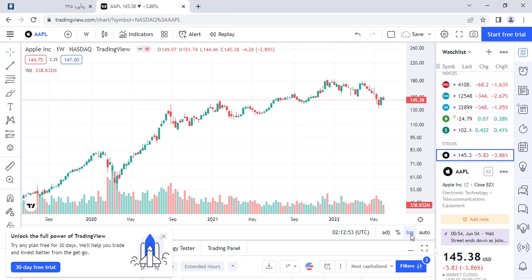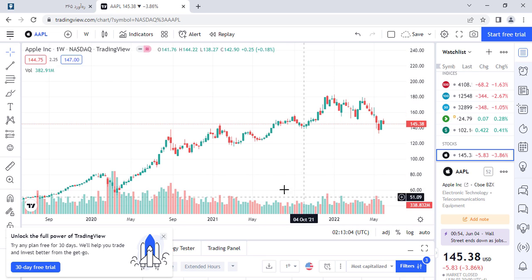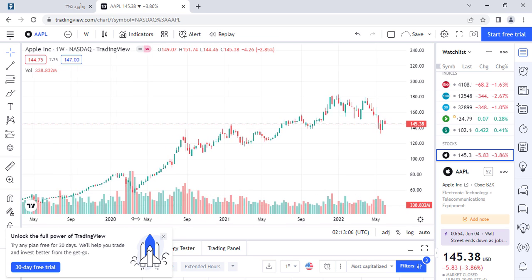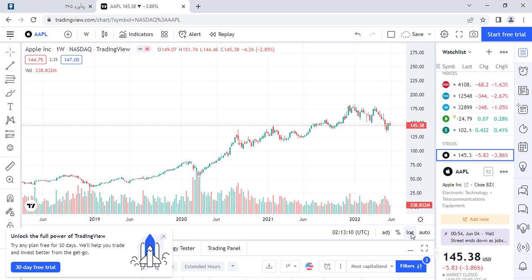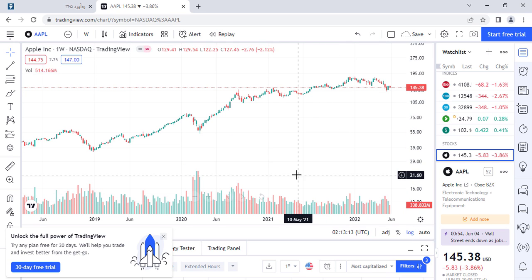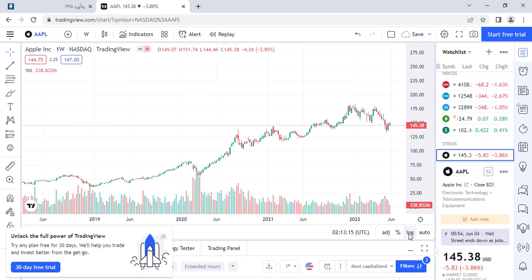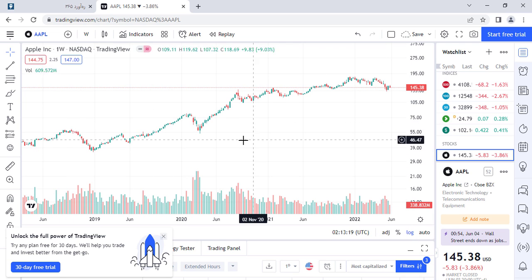And you can see there is no huge and great difference in short term. I mean, their difference is understandable. You can see the logarithmic scale has, I think, a better performance.